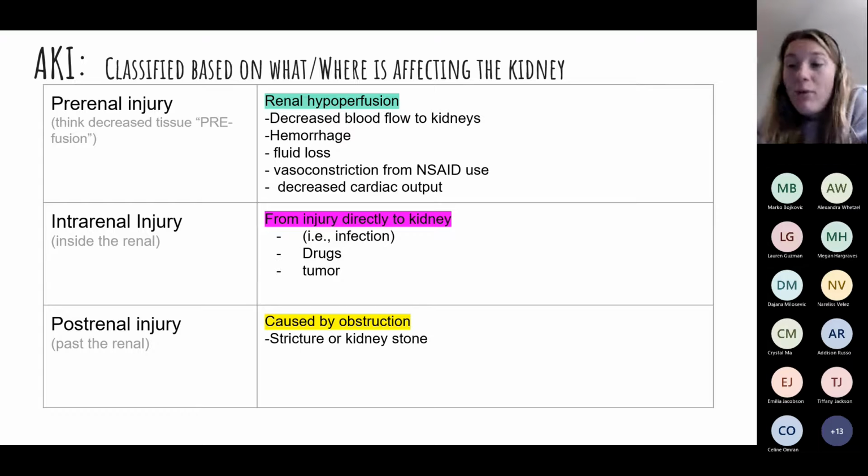My kidneys are okay, but something after my kidneys is causing my kidneys to get hurt. So just understand that if you have a post-renal injury, something that is after the kidneys is what's causing the kidney injury. I know it's a little bit difficult to understand. And if you have any questions, feel free to please pop them in the chat.